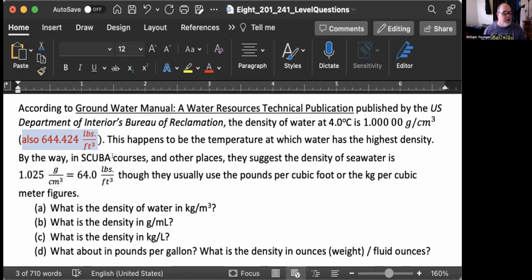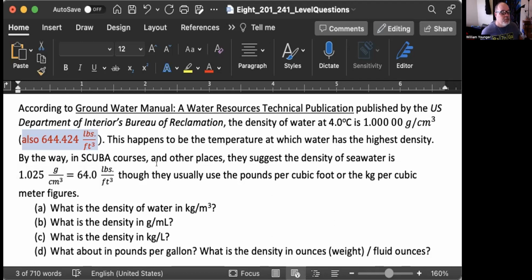Also, in my scuba diving class, they used a certain number of pounds per square foot per meter as another density, because if you multiply that by the depth, then you know how much ambient pressure the water exerts.